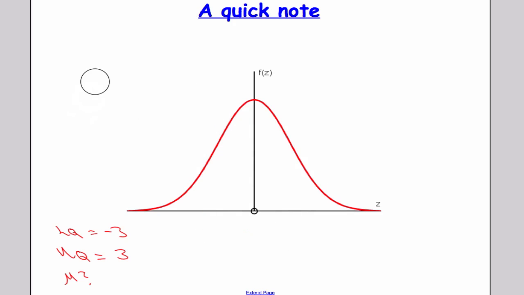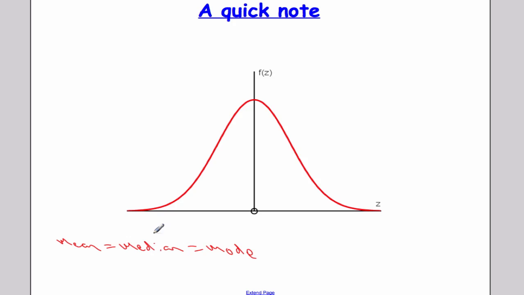Another helpful fact, because it's symmetric, is that the mean equals the median equals the mode. So if in a question you've calculated the median already and then you have to use a normal distribution, you also know what the mean is because it's symmetric.